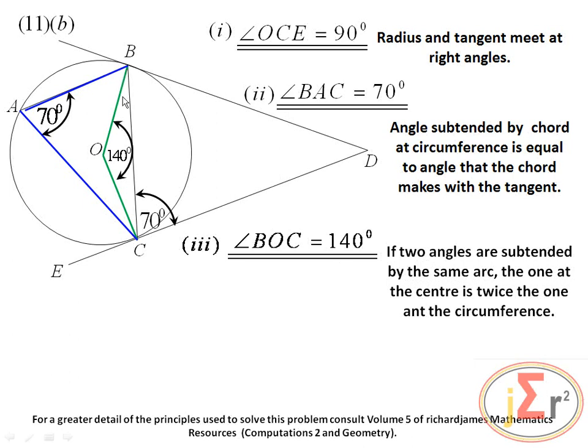If you want to say the same arc or the same chord, it's going to be the same thing. We have this arc right here, and the angle subtending the arc is this one at the circumference, and this one at the center. Therefore, the angle that is subtended at the center is twice the one at the circumference. No problem with that one.